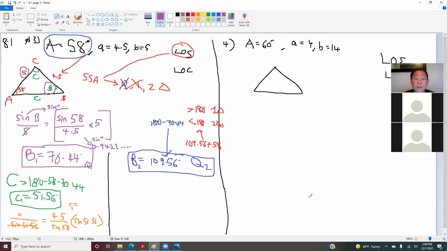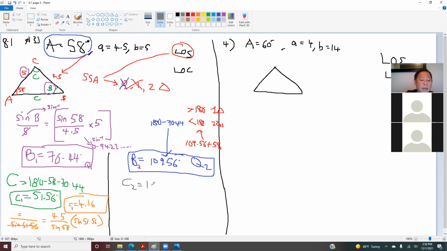So using your calculator, we can find this very easily. 4.5 over sine 58 times sine 51.56. So this C in this case is 4.16. We'll do the same thing for the second triangle, so we will find C2, which is kind of the same thing as here.